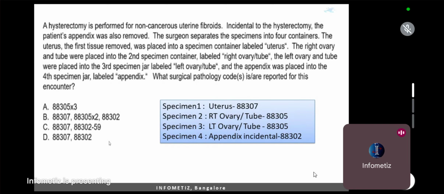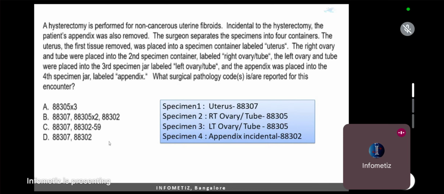See, specimen is not always equal to organ. Specimen means how many samples. So maybe only one organ, but we prepare 3 specimens, so 3 codes. Mostly it will be one to one, but in such a case, don't consider it as uterus 1, then ovary 2, then tube 3, and appendix 4.